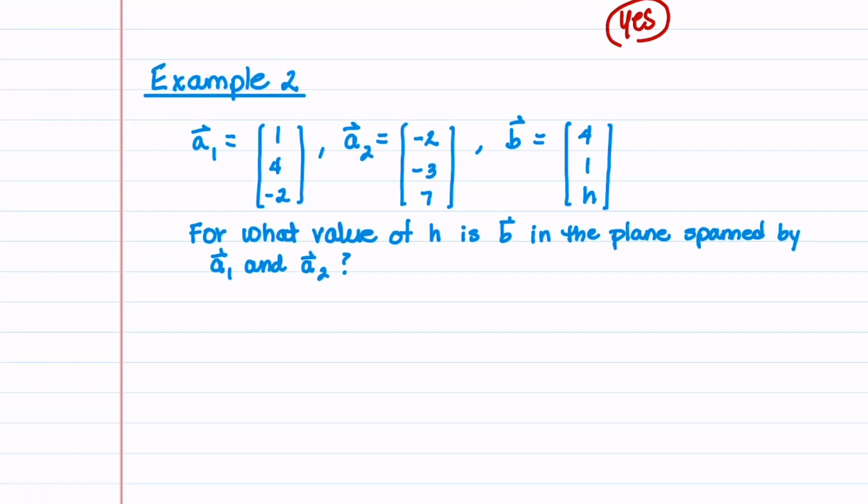In our last example, we're asked for what value of H is B in the plane spanned by A1 and A2. In other words, instead of saying, is B in the span of A1 and A2, we're having to find out what particular value of H will enable B to be in the plane spanned by A1 and A2.